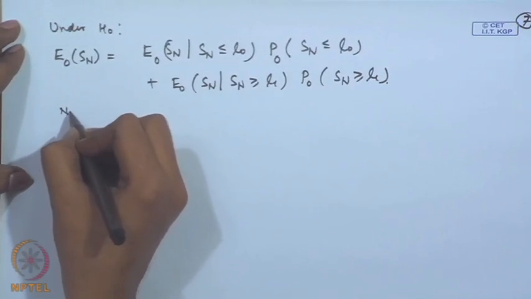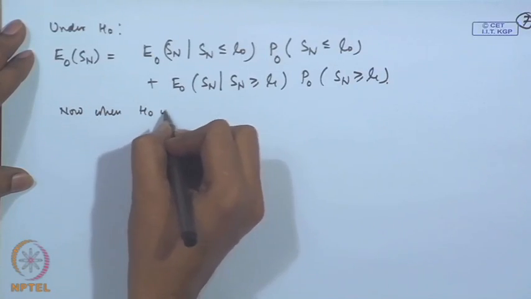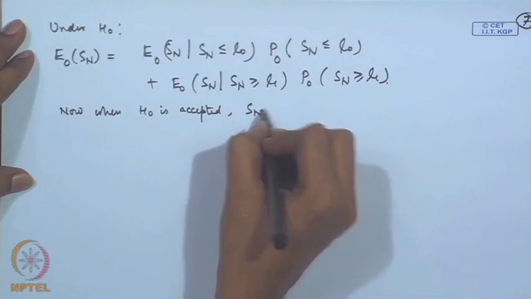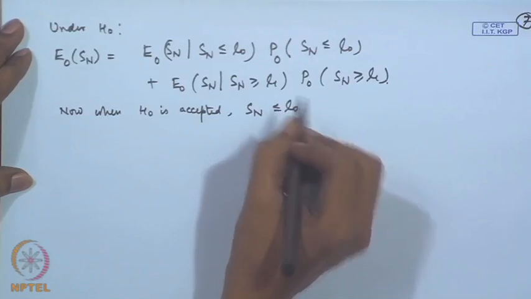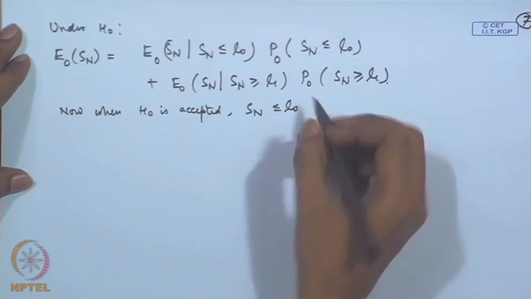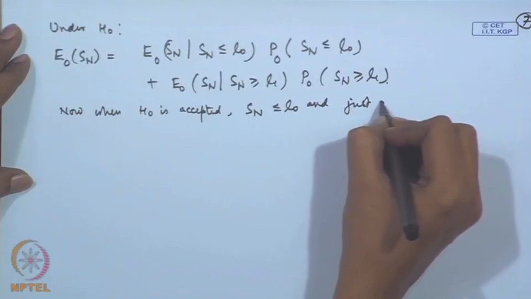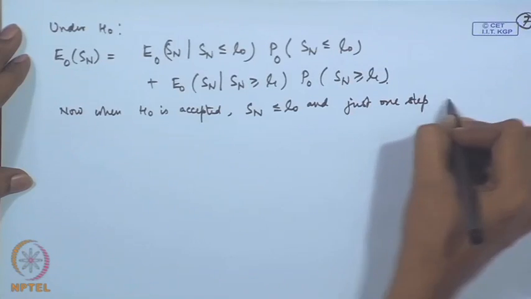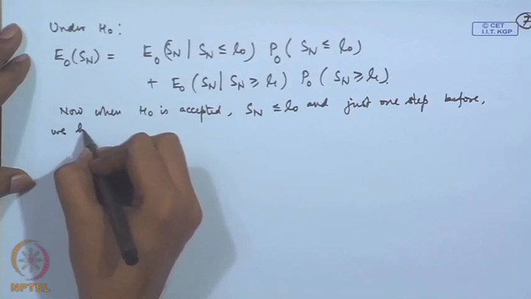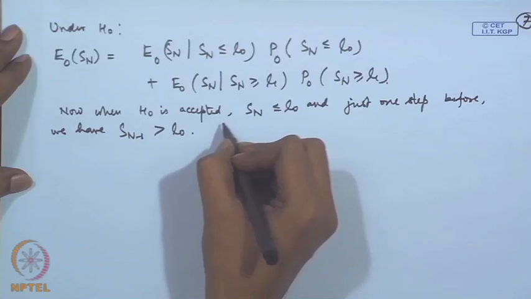Now, when H naught is accepted, then S n is less than or equal to L naught, and previous to that step it should have been between L naught and L 1. And just one step before, we have S n minus 1 greater than L naught.